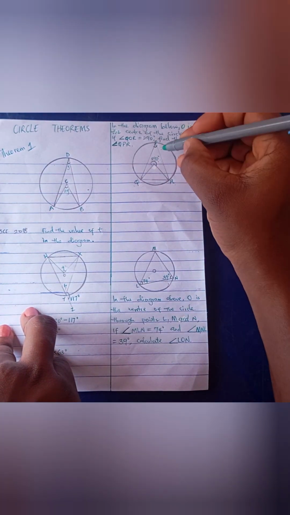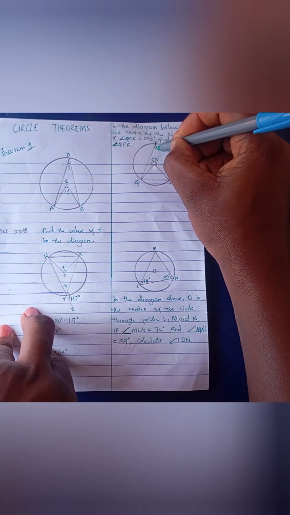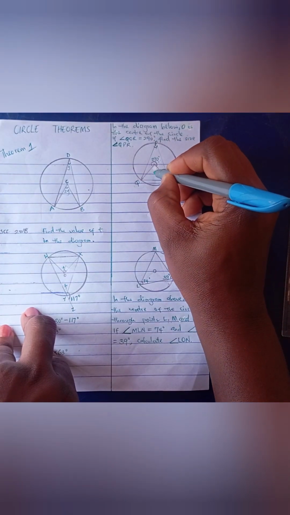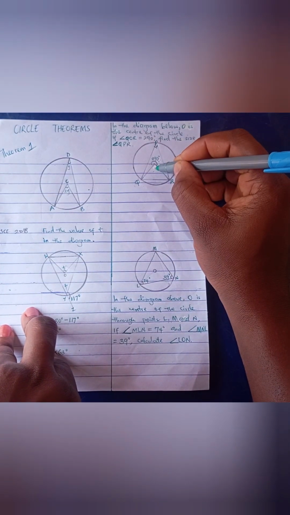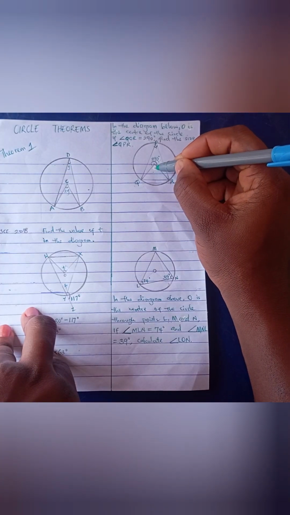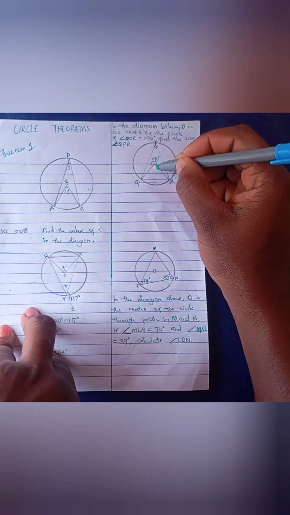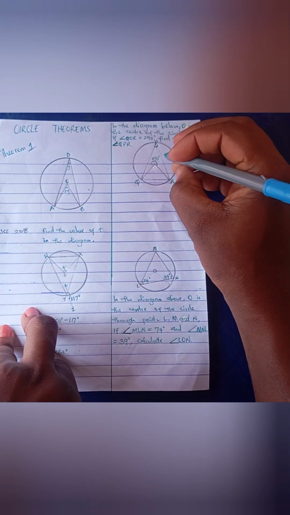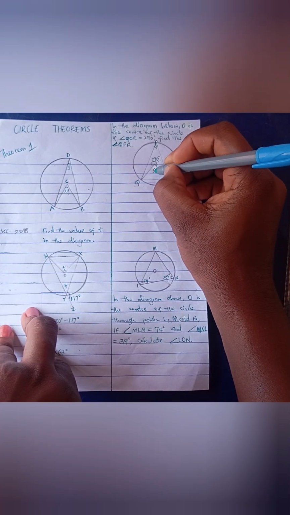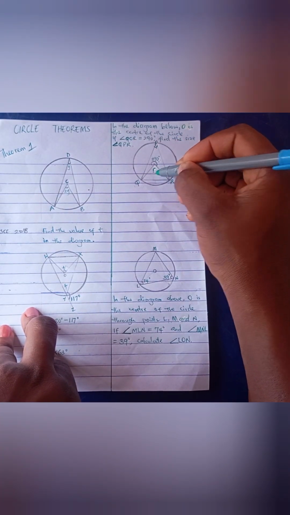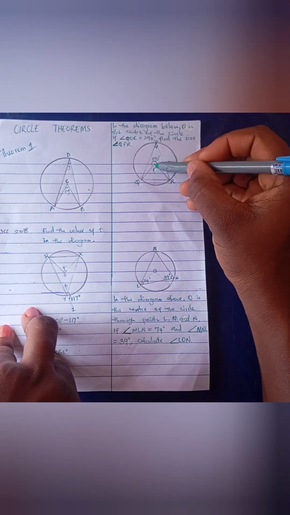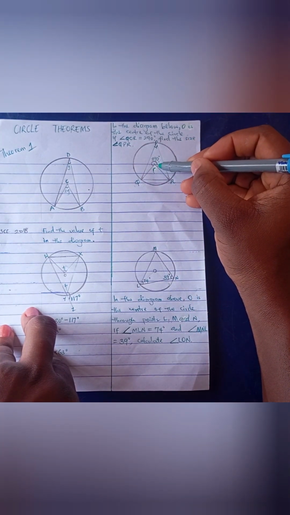But remember, the angle you have here times 2 will give you the angle here. So before you find this angle, you are expected to find this one. And for you to find this one, you can call this thing any letter of your choice. You can decide to call it R. So to find your P, you need to find R. And for you to find your R, this is 290 degrees.